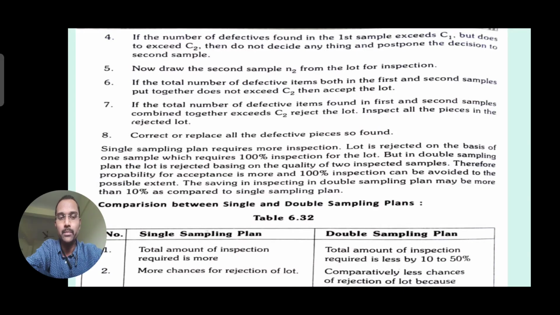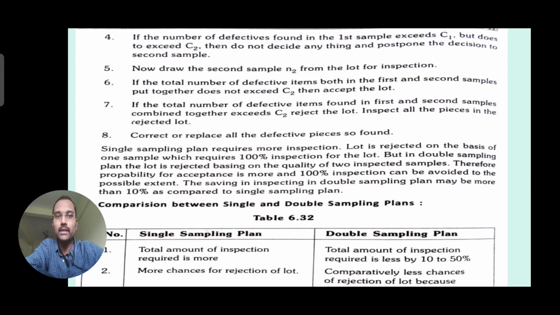Whereas in a double sampling plan, 2 samples are considered, one defective from one sample and another defective from the other sample. You collectively put together 2 defects, but you are accepting that lot. So the probability of acceptance is more in the double sampling plan, right?